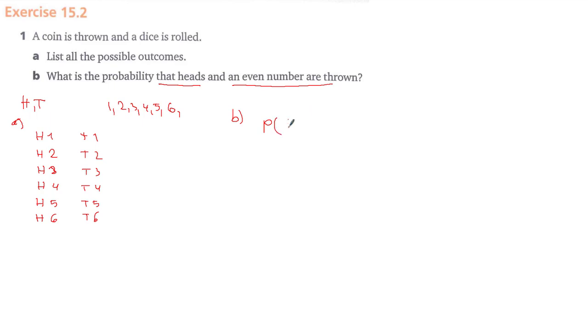Let us write here: probability of heads and even. How many of these outcomes fulfill this condition? H2, H4, and H6. That means 3 outcomes out of 12 outcomes. 3 over 12 means 1 over 4. So 1 over 4 is our answer.